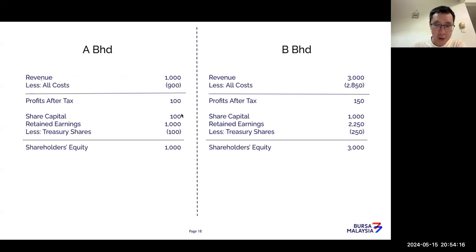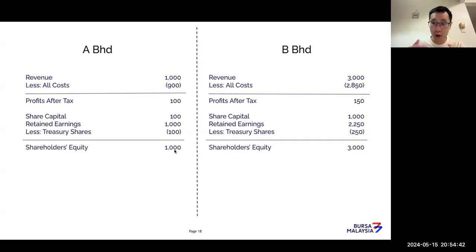Now, this one over here is from the balance sheet. This is just an excerpt from the balance sheet. So for A Berhad, when it comes to shareholders' equity, 1,000, that's the figure. For B Berhad, the shareholders' equity is 3,000.